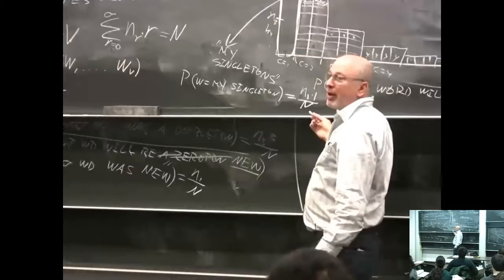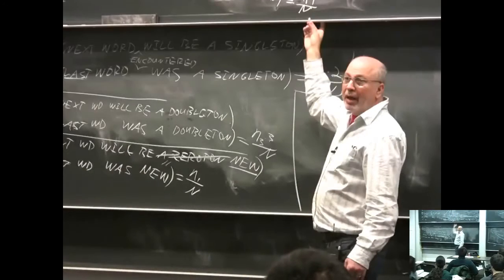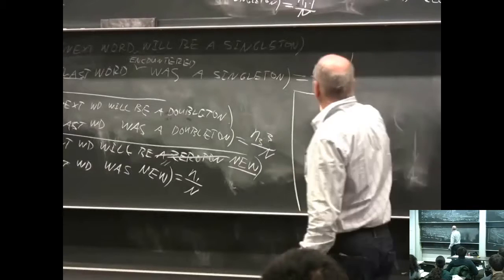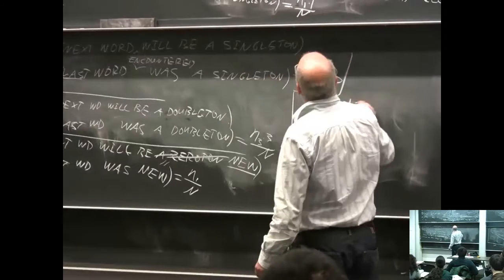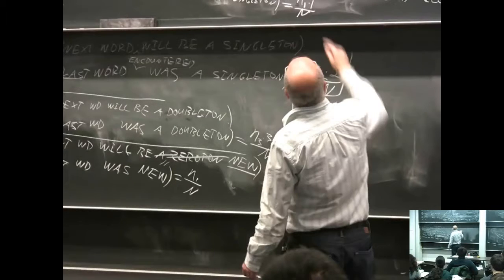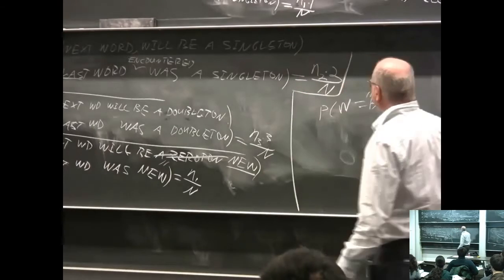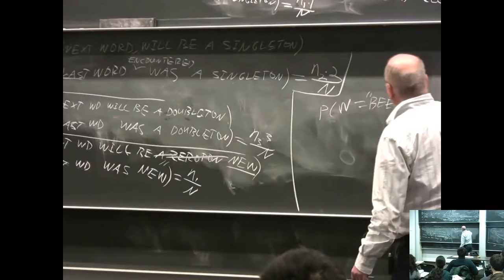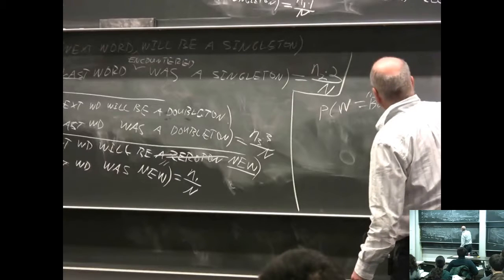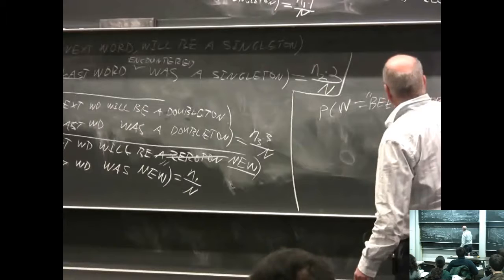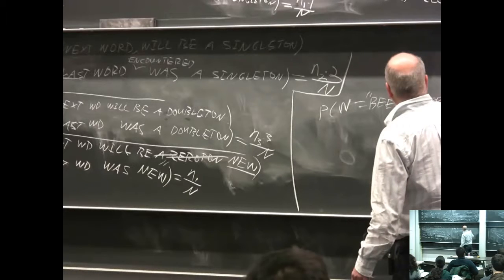If I want to estimate the probability that the next word is a particular word, let's say the word beer, conditioned on the fact that beer so far occurred 2 times.